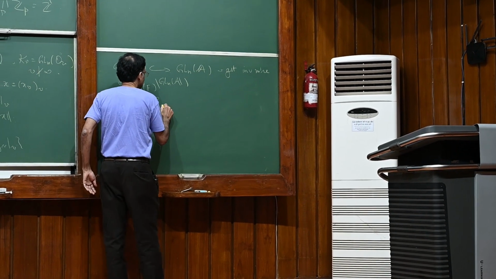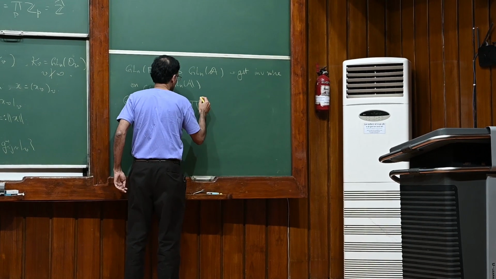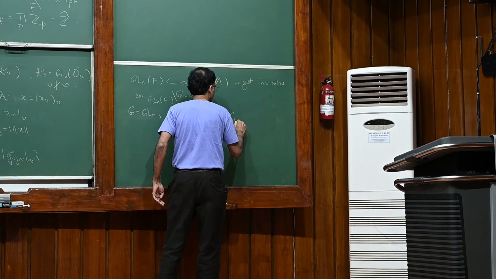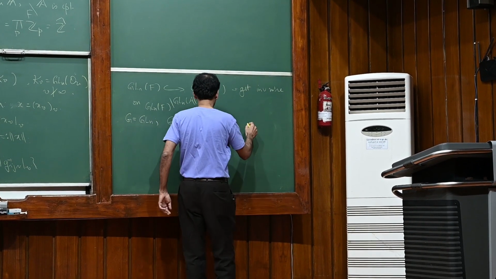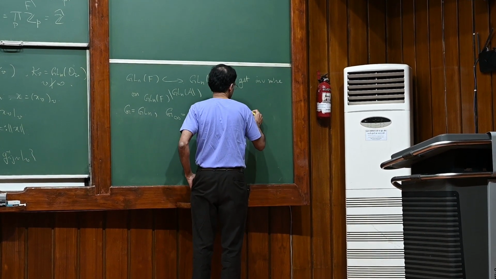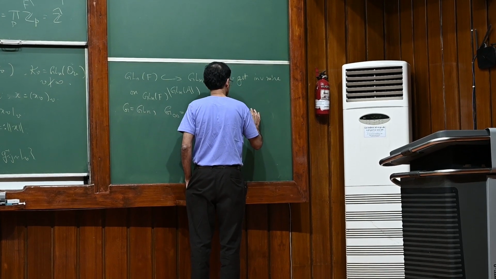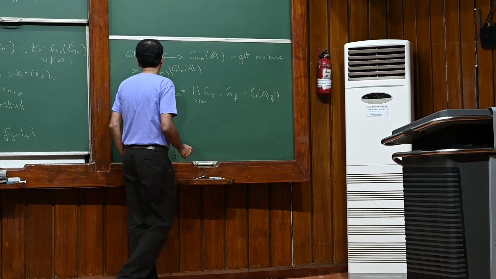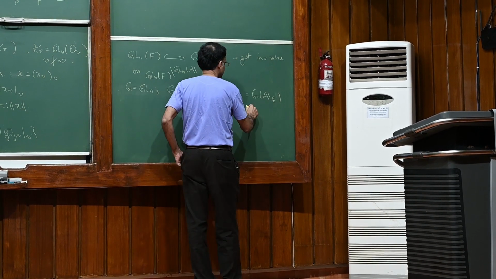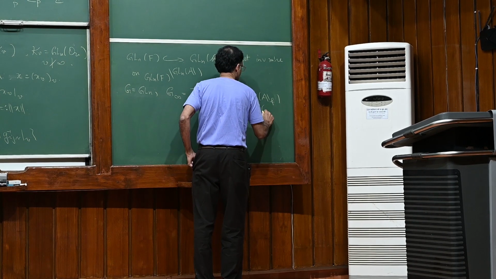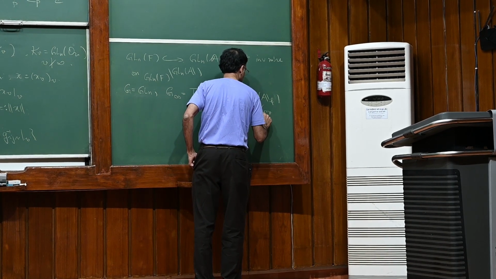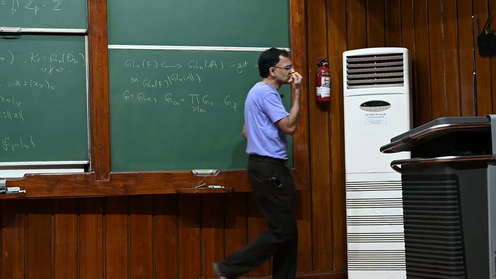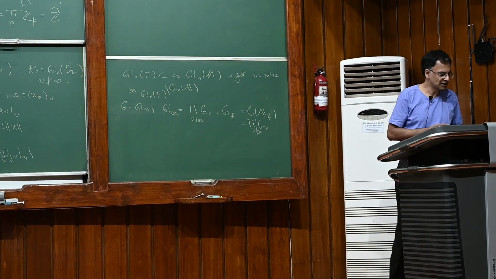So I'm going to have G_infinity will just be the product of the groups G_v, v dividing infinity, and G_F will be simply the restriction, G(A_F), which of course is the restricted product over v of G_v, v not dividing infinity. Alright. I'll also need the maximal compact groups, let's say K_infinity and K_F.